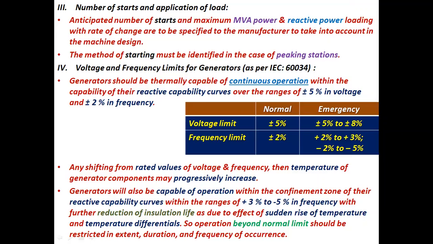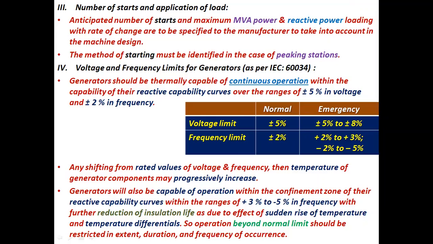Frequency limit in the normal case is plus minus 2%, but in emergency cases, plus 2% to plus 3%, minus 2% to minus 5%. Any shifting of rated values of voltage and frequency, then temperature of generator components may progressively increase.